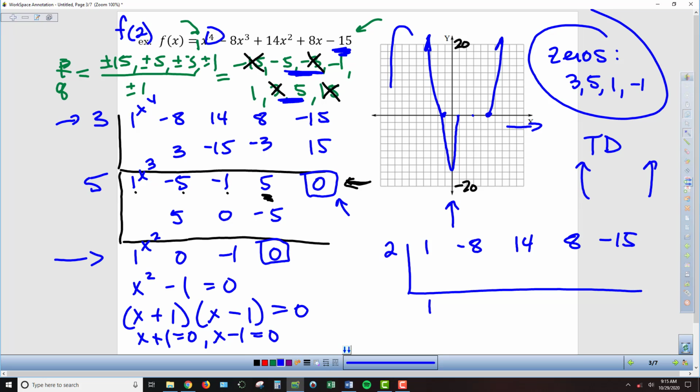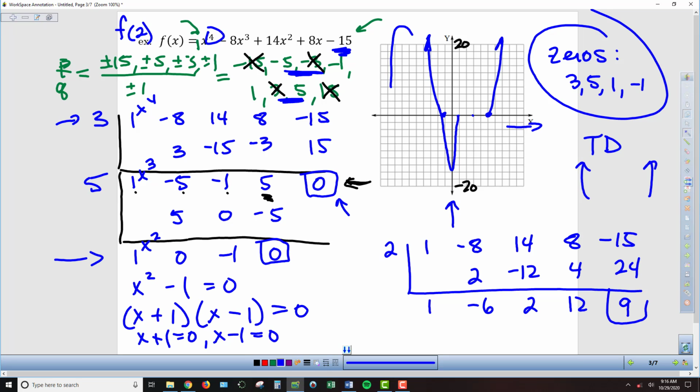So 1 times 2 is 2, negative 8 plus 2 is negative 6, negative 12 after I multiply, 2 times 2 is 4, 8 plus 4 is 12, 2 times 12 is 24, negative 15 plus 24 is 9.